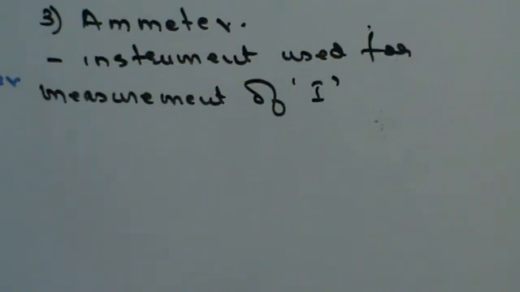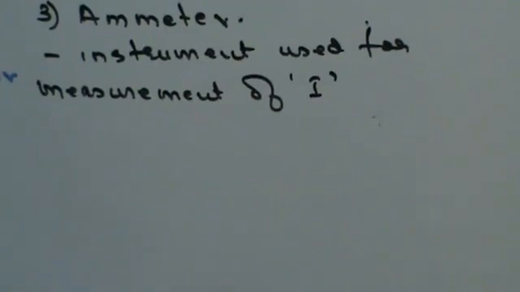If it is connected in series, it is going to introduce a resistance of its own in the circuit, due to which some amount of current is going to get reduced, as a result of which the current measured by the galvanometer will not be the actual current flowing through the circuit. In order to make sure that the current measured by the galvanometer is equal to the actual current in the circuit, I have to keep the resistance of the galvanometer as low as possible.